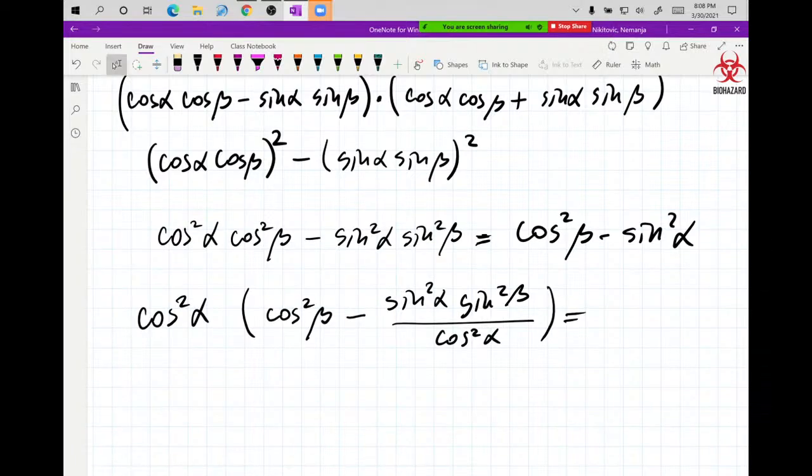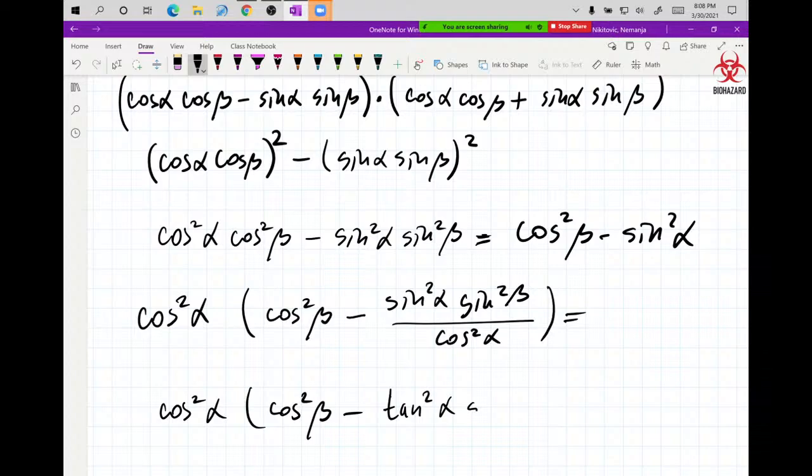Now, what did I achieve? I have cosine squared alpha, cosine squared beta, minus, and now this is tangent squared alpha, sine squared beta. I did not achieve anything in this case. Move this one to the other side.